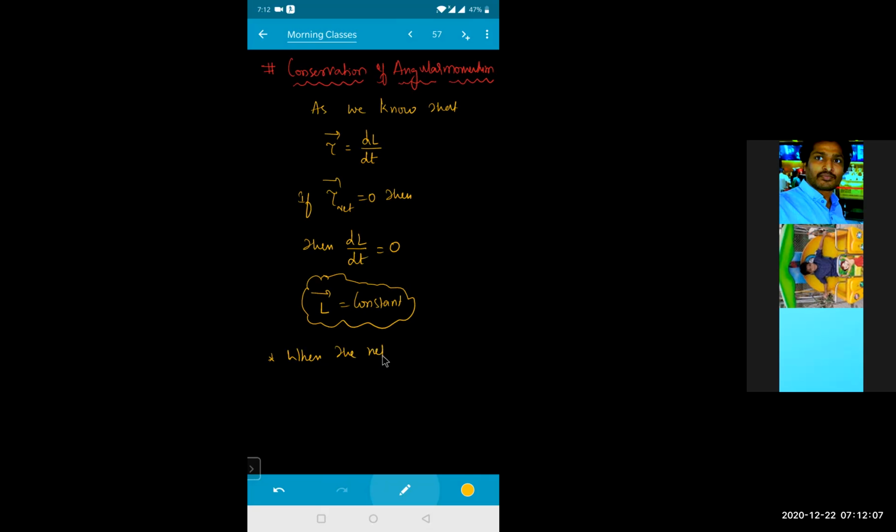When the net external torque acting on a system is zero, then the total angular momentum of the system is constant.